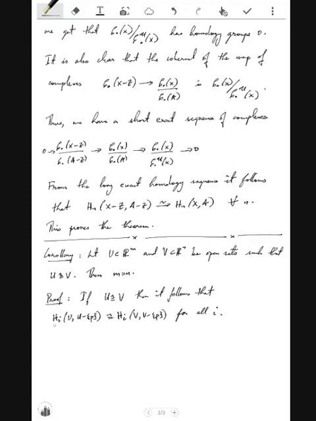So we will show that from H_i(U, U minus P), we can recover the integer m. So let's see how to do this.